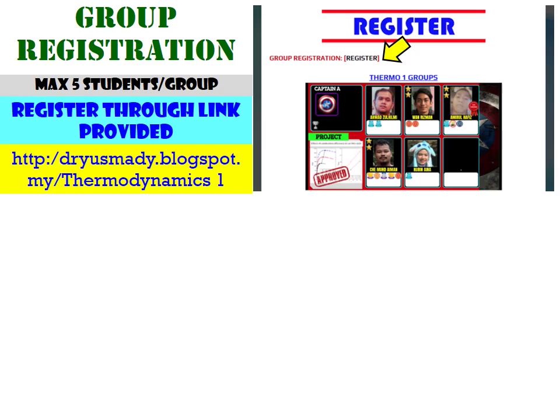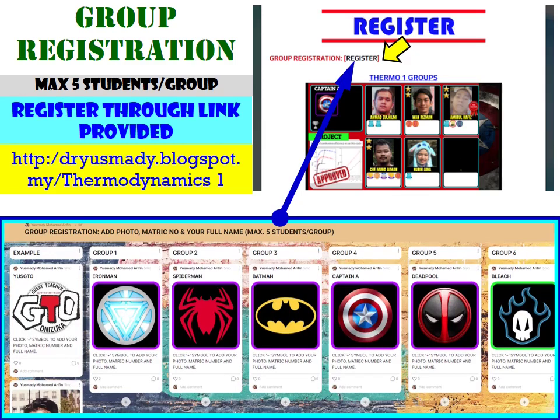The link will bring you to the Padlet, where you need to choose which group you like, and then submit by clicking the plus symbol under each group, where you need to put your matric number, your photo, your full names under the suitable group that you select.